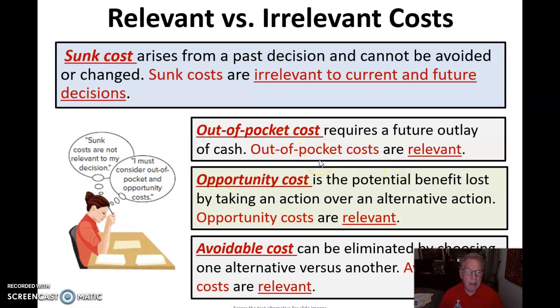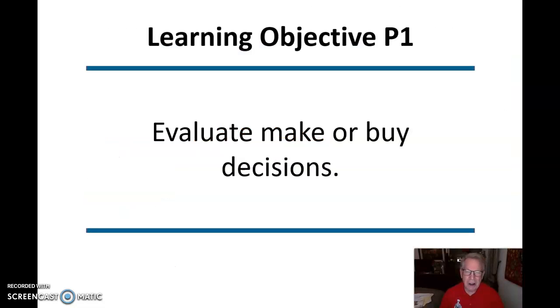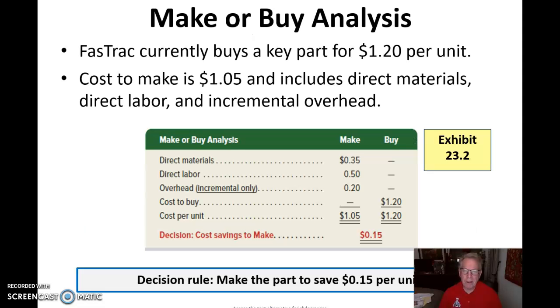That's the potential benefit lost by taking an action over an alternative action. Those costs are relevant. And then avoidable costs can be eliminated by choosing one alternative over another, and those avoidable costs are also relevant. So sunk costs are not relevant, and as she's saying, I must consider out-of-pocket and opportunity costs and avoidable costs.